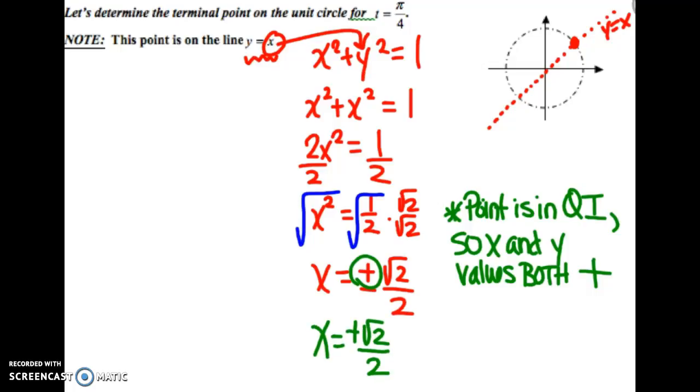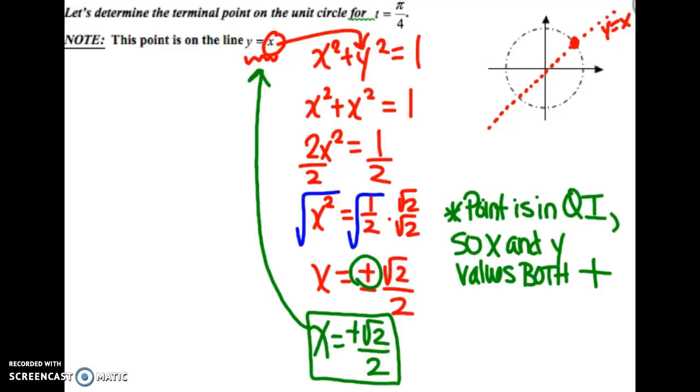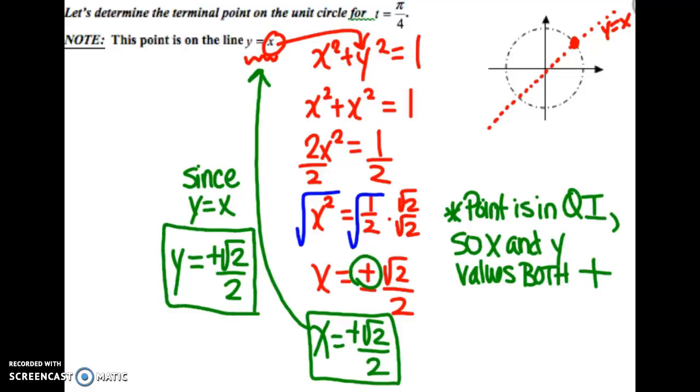And the beauty of this one is, since y equals x, then that means that my y value is the same as my x value, or my y value is also positive square root of 2 over 2.